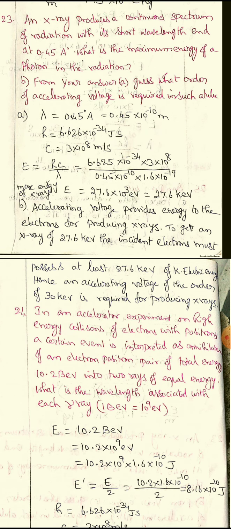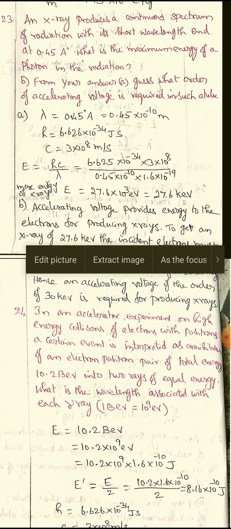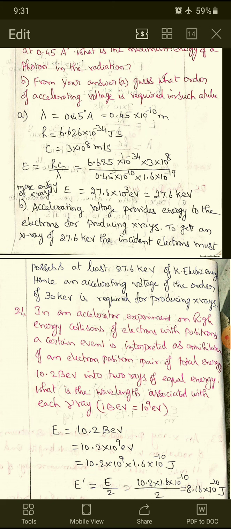The accelerating voltage provides energy to the electron for producing X-rays. To get an X-ray of 27.6 kilo electron volt, the incident electron must possess at least 27.6 kilo electron volt of kinetic electrical energy.